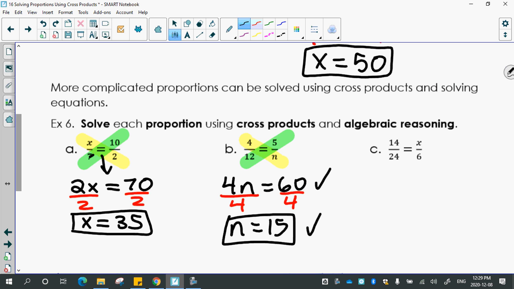Same with the next one. And don't forget the equals in the middle. That's so important, and I see people are not forgetting it, so that's great. So find your x and do that product. So x ends up on your left side where you like to have it most. So 24x is equal to 6 times 14, 84.